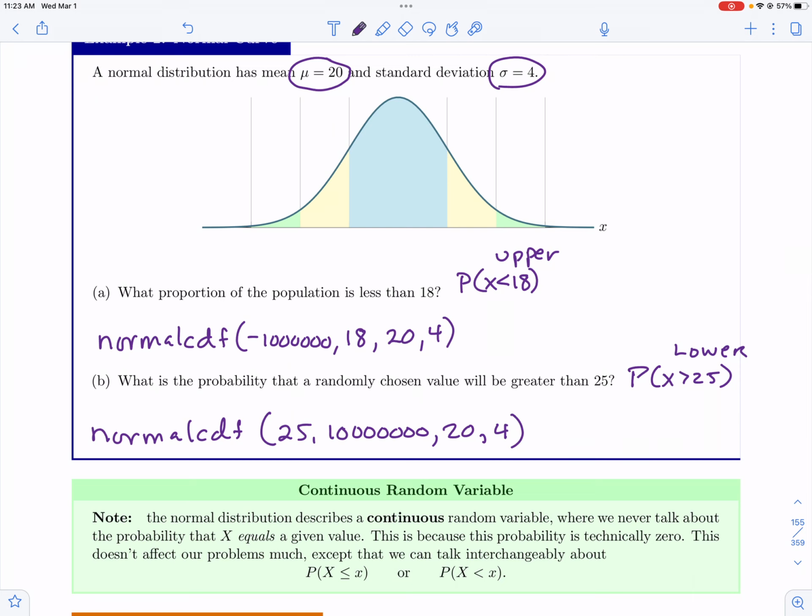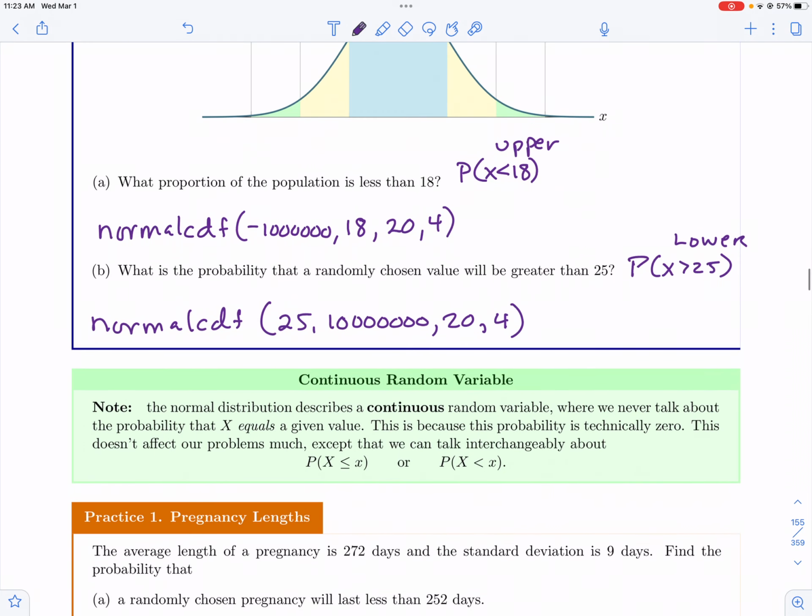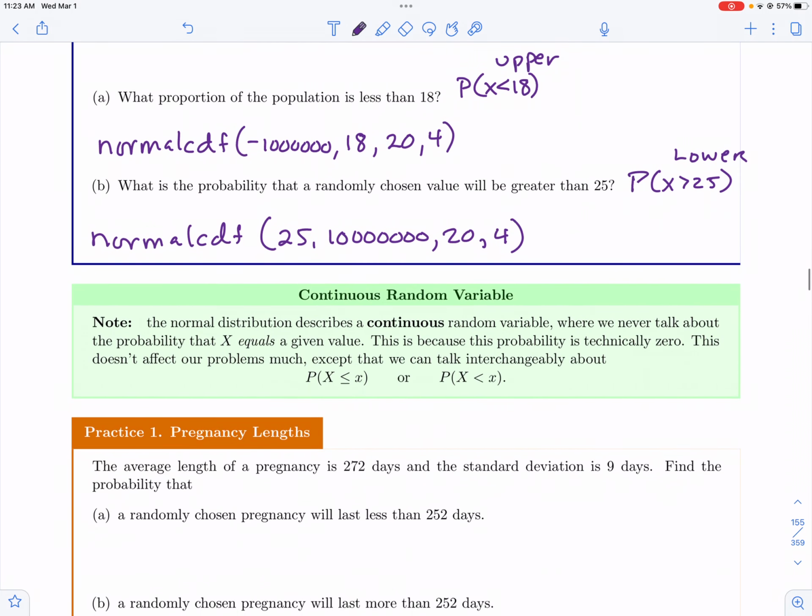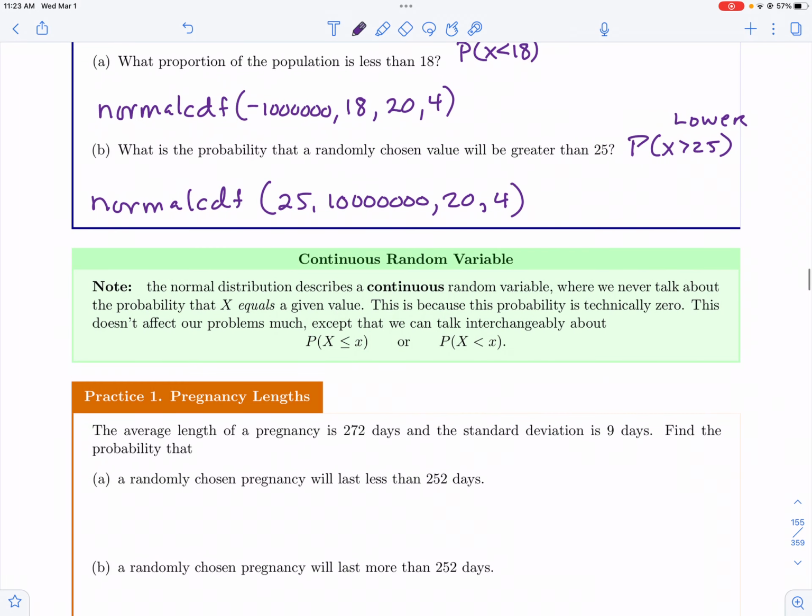All right, so the last thing we want to talk about here real quick is this idea of a continuous random variable. And so again, this is what I'd mentioned before. Since our normal distribution is continuous, we never talk about the probability that x equals a given value.